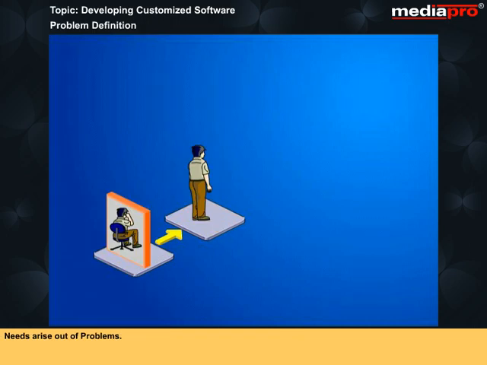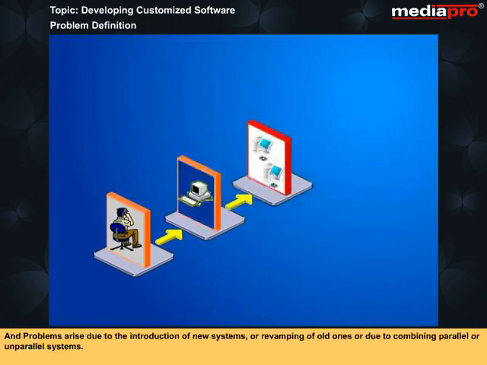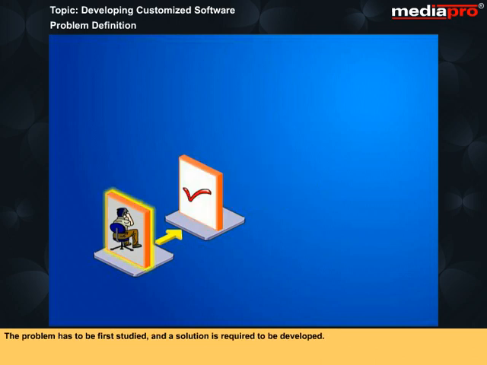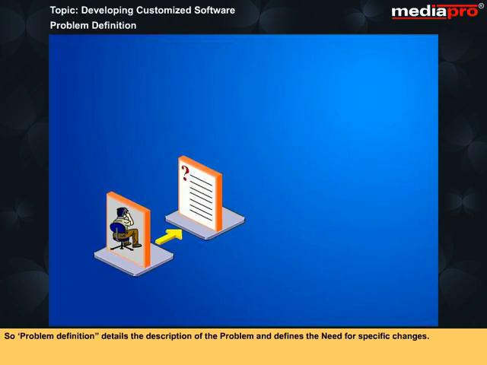Needs arise out of problems, and problems arise due to the introduction of new systems or revamping of old ones, or due to combining parallel or unparalleled systems. The problem has to be first studied and a solution is required to be developed. So, problem definition details the description of the problem and defines the need for specific changes.